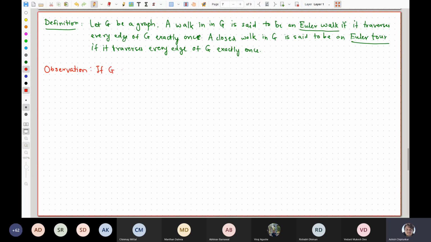If G has an Euler tour, right? So by the way, a little note about Euler. This is the name of a mathematician. His full name is Leonhard Euler, and he was an 18th century Swiss mathematician, right? So let me just note it down over here.